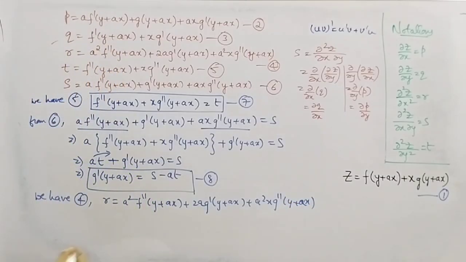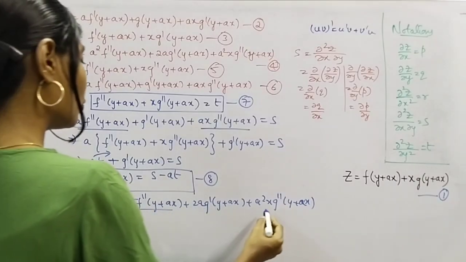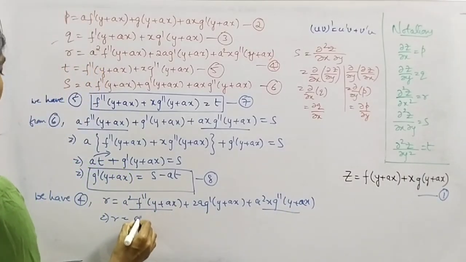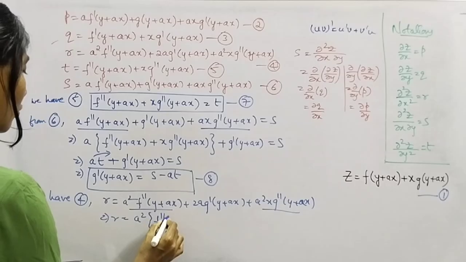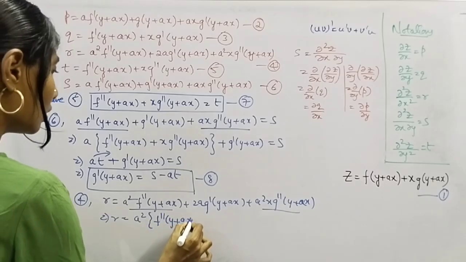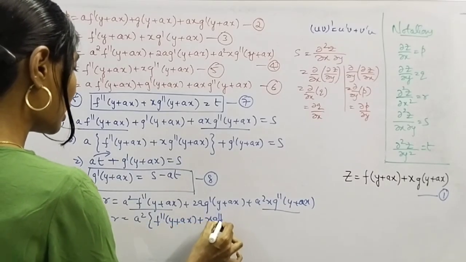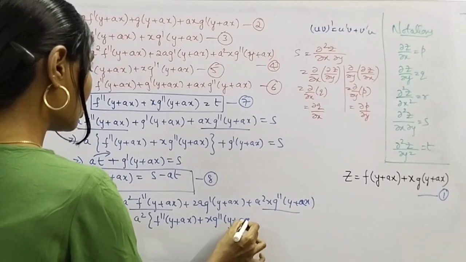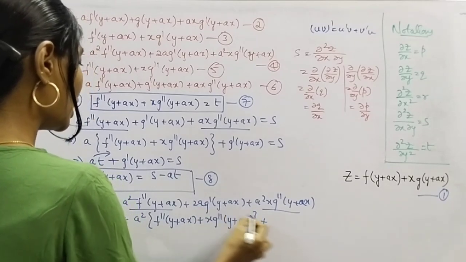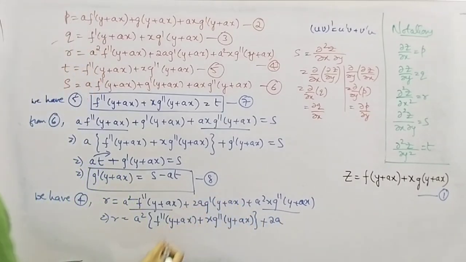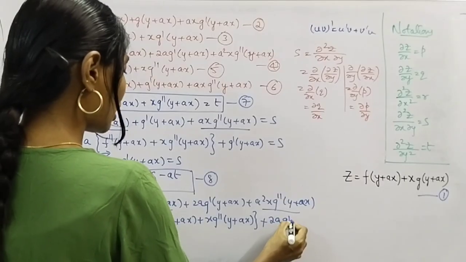Right, now just take a square common from these two terms, you'll get a square times f double dash plus x g double dash, plus 2a g dash, the remaining term.